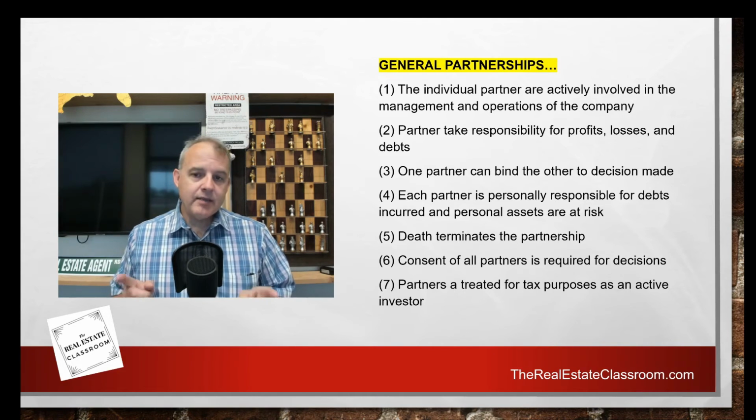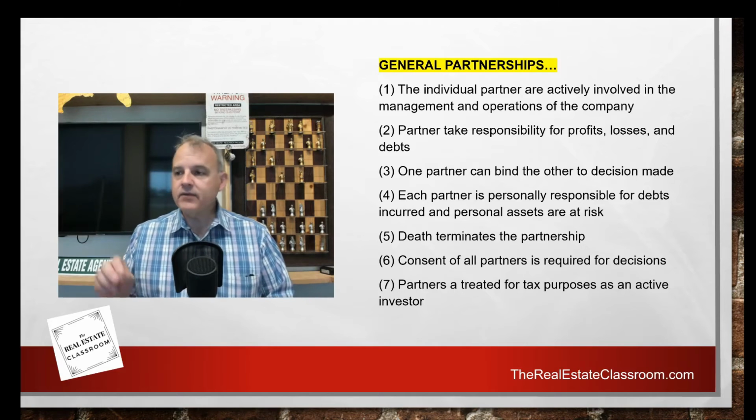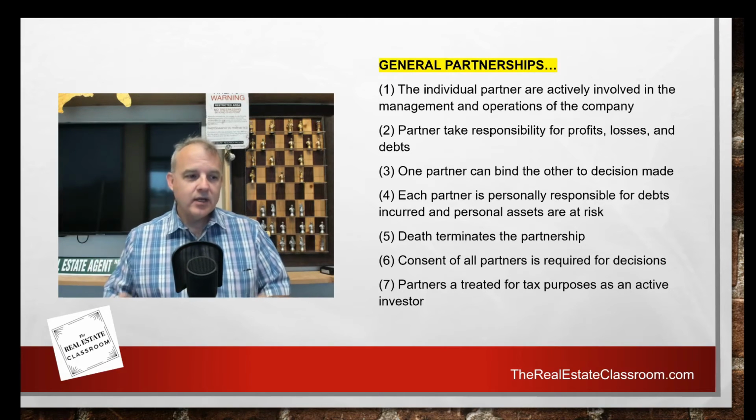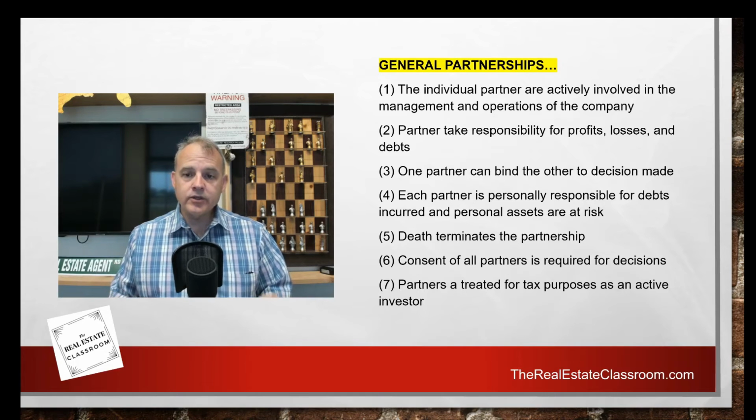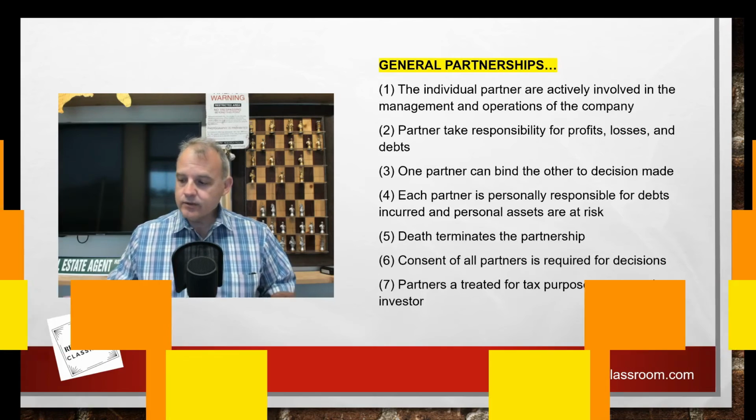Death terminates a partnership typically. And then number 7, partners are treated for tax purposes as active investors. We're not going to discuss in this video the difference between an active investor and a passive investor. That's a little deeper than you need to know, but what you have to know is general partnerships, for tax purposes, are taxed as an active investor.